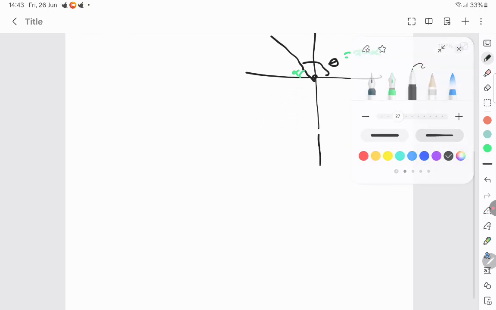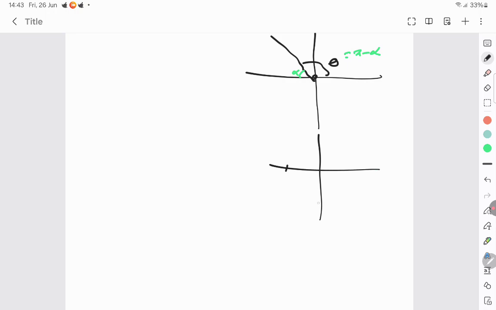Supposing you have a complex number whose real and imaginary parts are both negative, the angle it makes with the x-axis is in this direction, so it's minus theta. You find alpha using tan alpha, which is opposite by adjacent, and hence you can find alpha. And the argument theta is pi minus alpha.